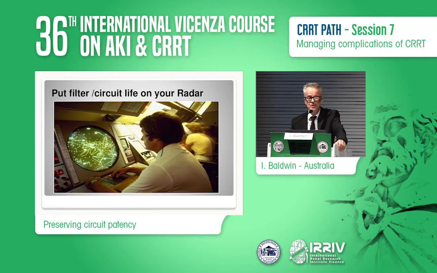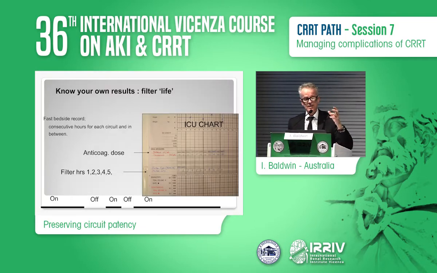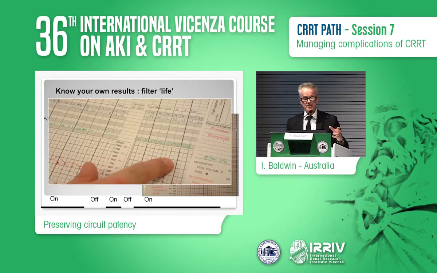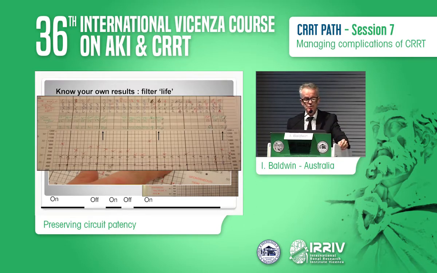So I think put filter life on your radar. You need to somehow get the data from your bedside charts, and when you've got a life like this one recorded as we do every hour, so our physicians can see this, 59 hours is good news. But when you've got these episodes with lots of downtime, it's not good.